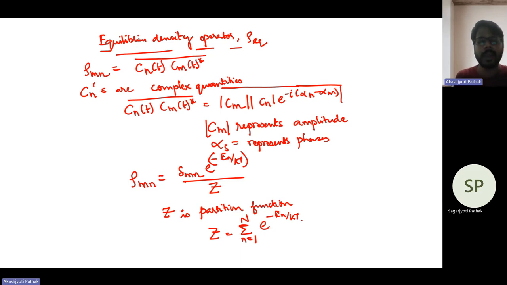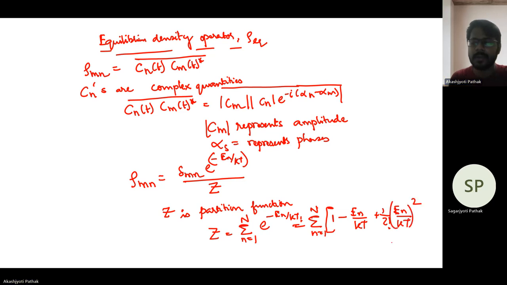If you break it down, you get the summation of 1 minus En by kT plus 1 by 2 factorial (En by kT) whole square, then minus 1 by 3 factorial (En by kT) cube, and so on.